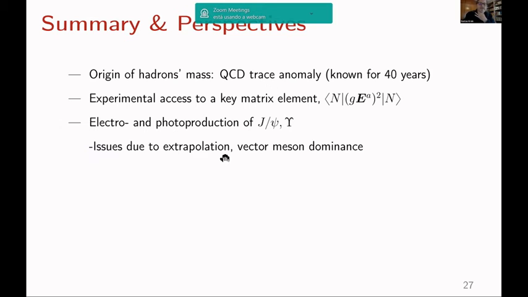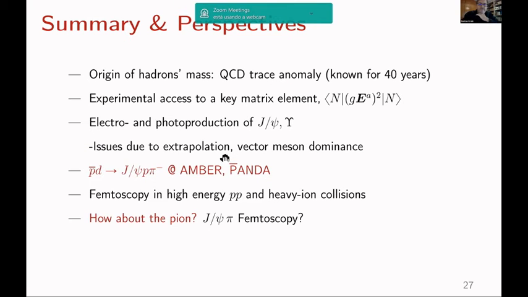So my summary is something that everybody knows, that the hadron mass comes from the trace anomaly. I commented on electro- and photoproduction, and some issues due to extrapolation, vector meson dominance, formation time, and all that. Then I suggest a calculation of this for Amber and Panda, and also femtoscopy in high energy proton-proton and heavy ion collisions.